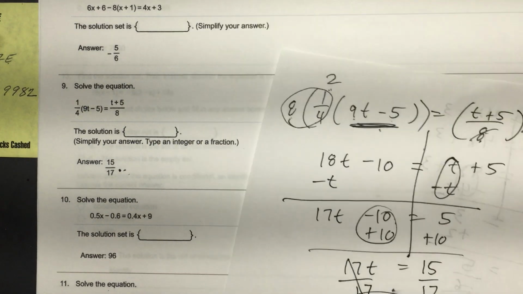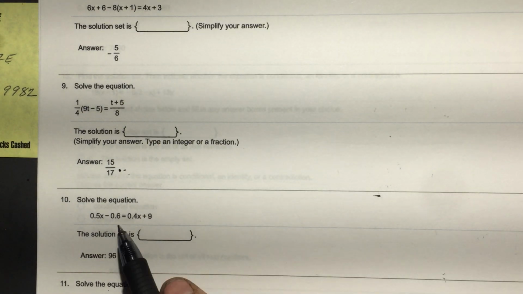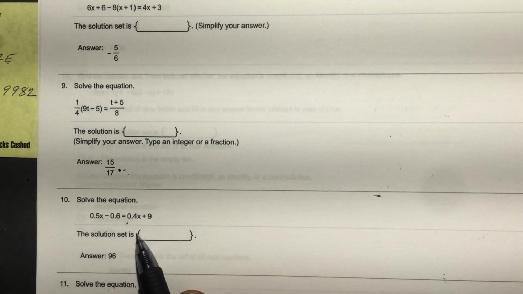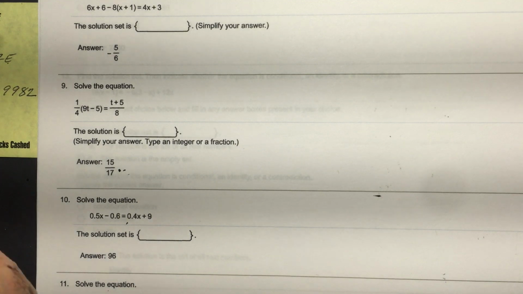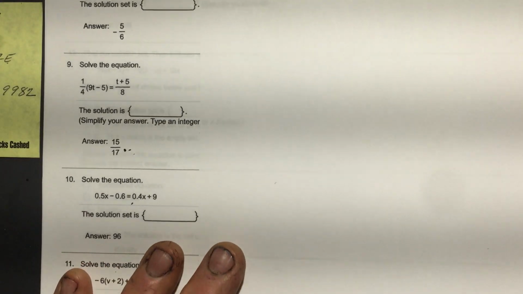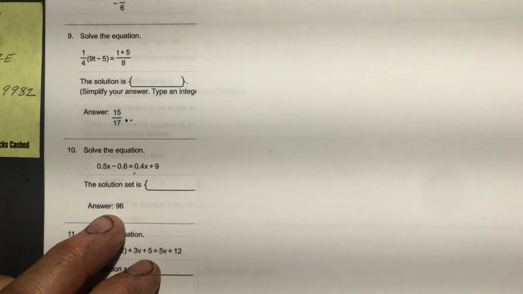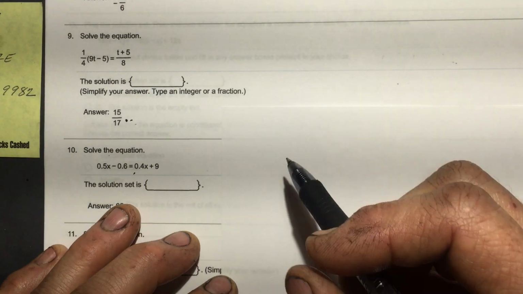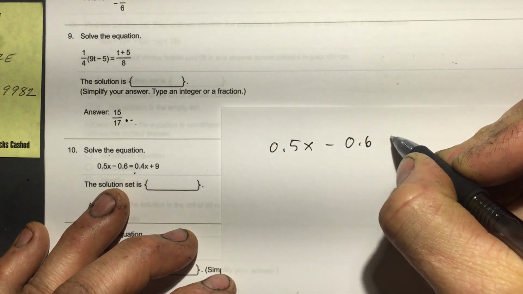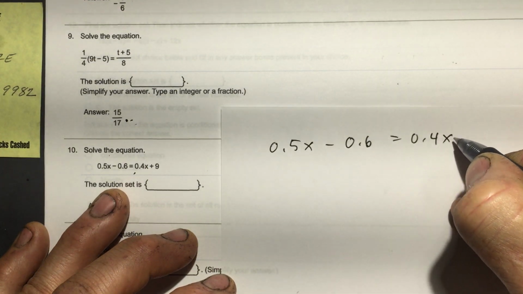Okay. Now, this one here, same thing, except it's got decimals. You just do the same routine. Just do your computations with decimals. So we'll do that. The answer for this one is 96, it says. Well, let's see. I got 0.5x minus 0.6 equals 0.4x plus 9.